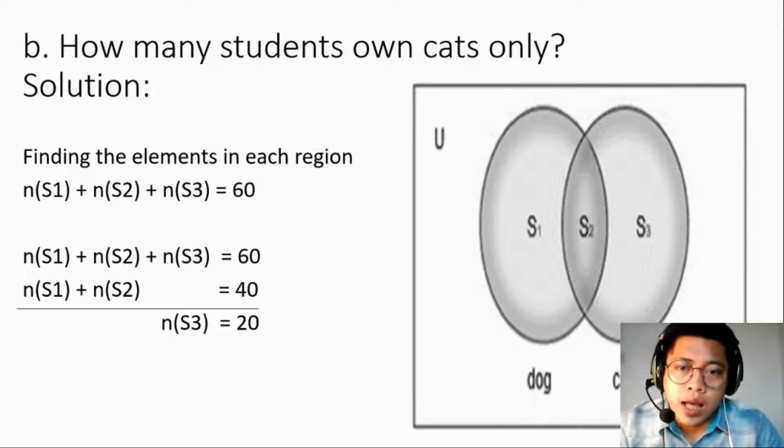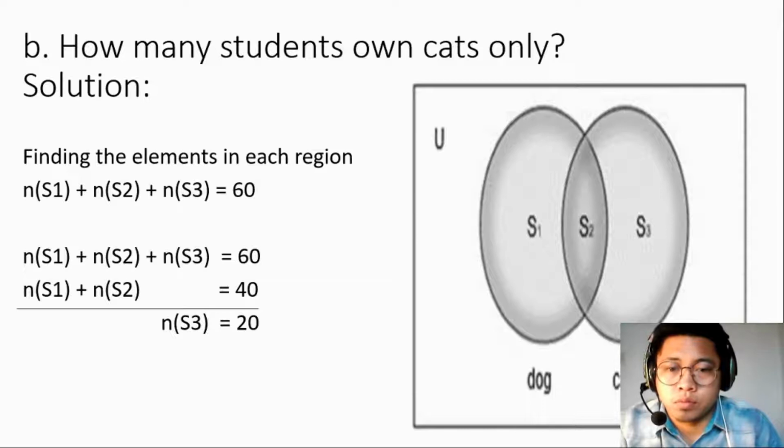Letter B. How many students own cats only? Solution. Finding the elements in each region. From the given problem, there are 40 students who have dogs, minus from the total number of students in grade 7 charity, which is 60.